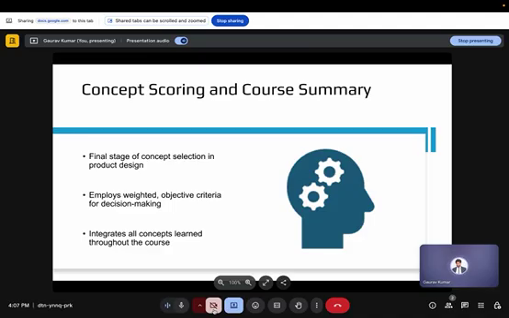The week also revisits the entire course framework, connecting idea discovery, functional mapping, and architectural development and functional evaluation. So week 12 integrates both creativity and analytical aspects, symbolizing the culmination of the complete product design cycle.